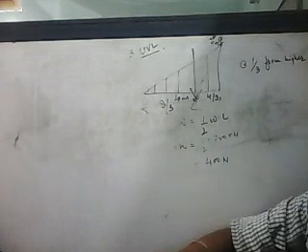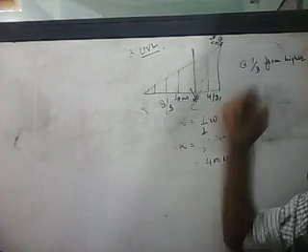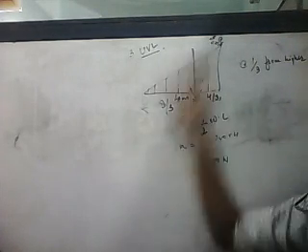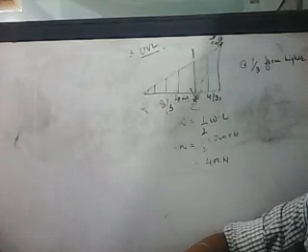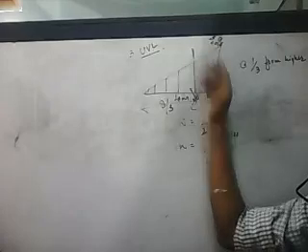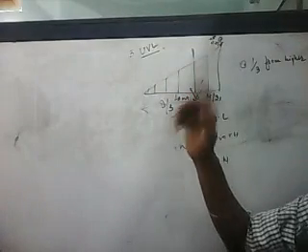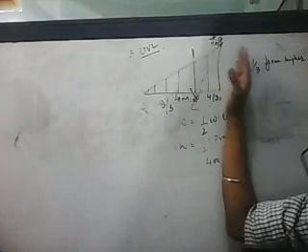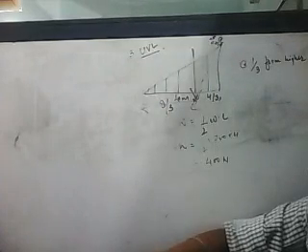You have to calculate one third of the length from the higher side. From the lower side it is 2l upon 3, two third.